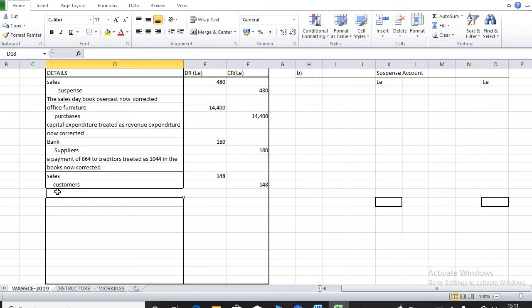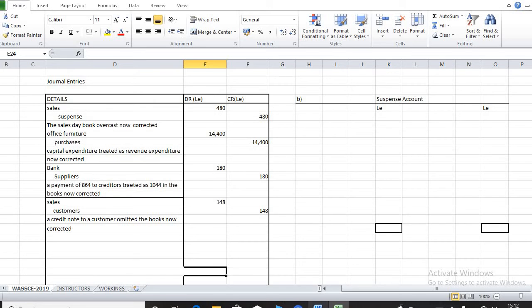So here we can say: a credit note to a customer omitted from the books, now corrected. So this is the solution for that particular question.